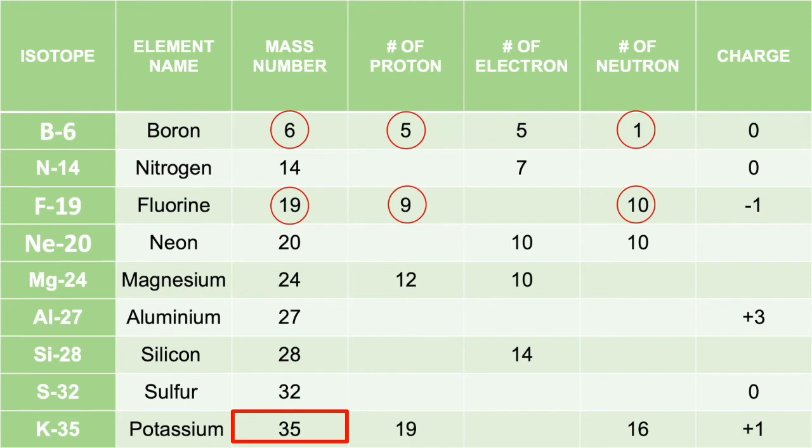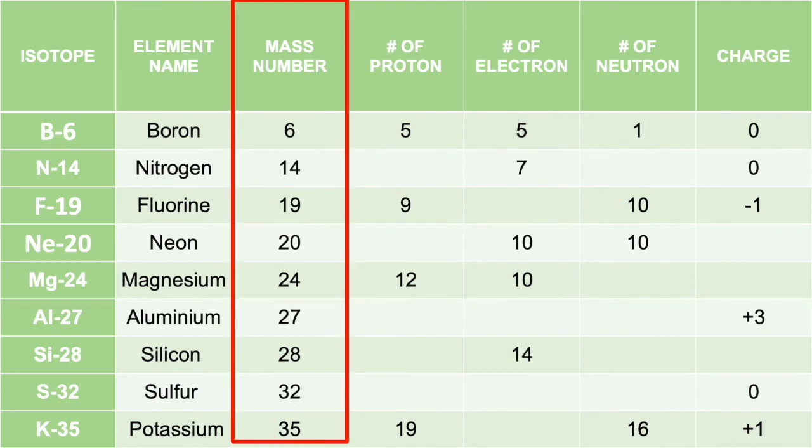Our potassium here has a mass number of 35. It has a number of protons, which is 19, and 16 for the number of neutrons. So 19 plus 16 equals 35. So 35 is the correct mass number of potassium-35. That's all about determining the mass number.